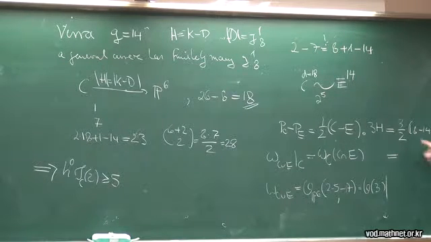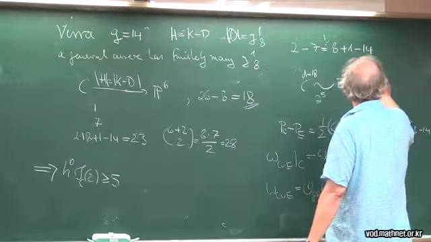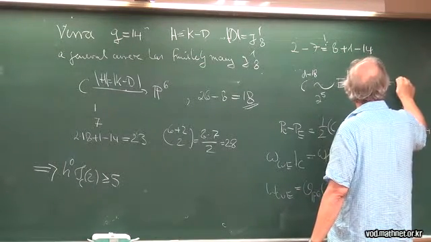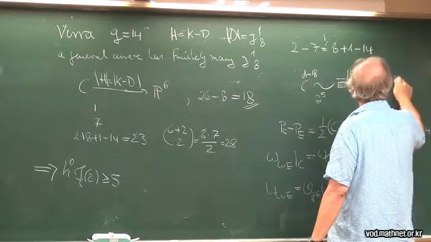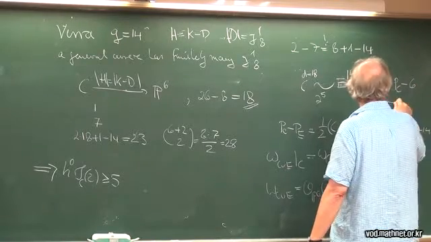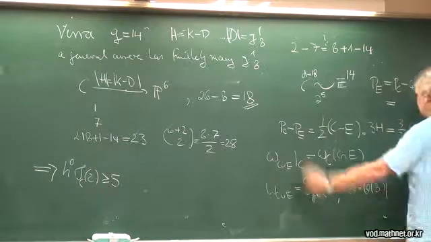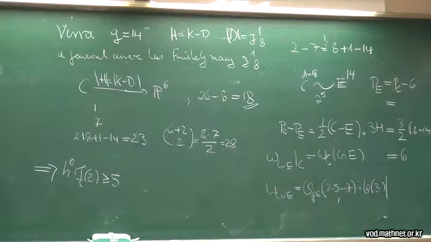So this is 4, so this is going to be 6. So it follows that the genus p_a of E is going to be 14, genus of C minus 6, which is of course also smaller, right? It's smaller. That's the main point. The genus is now 8, right?